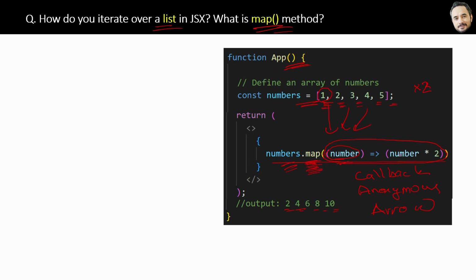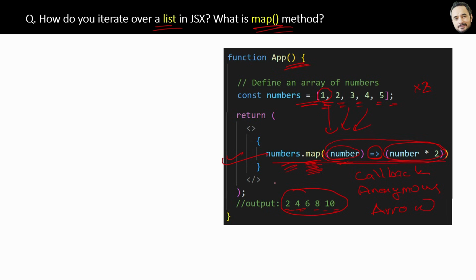After the arrow operator, we are putting the function body where we are manipulating each item in the number list by multiplying it by 2. And then these multiplied numbers will be added to a new array which will be returned by the function.